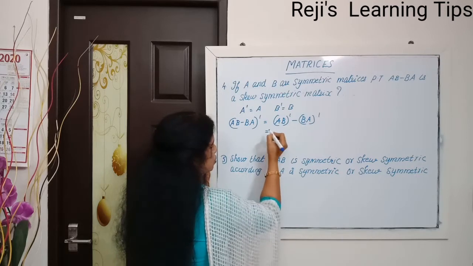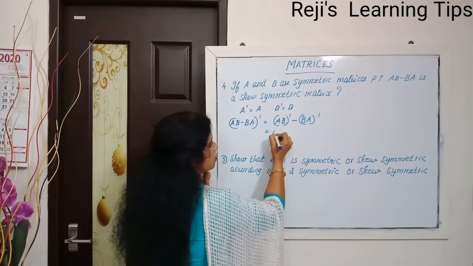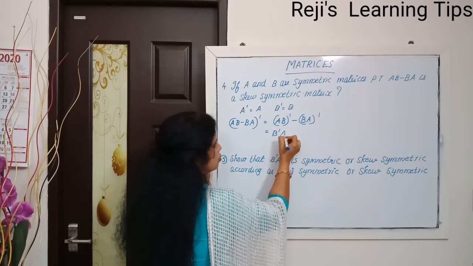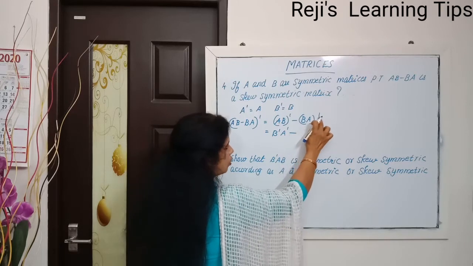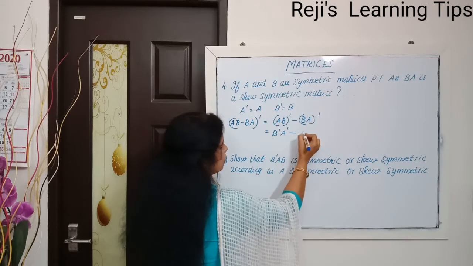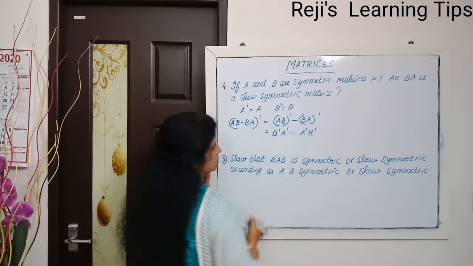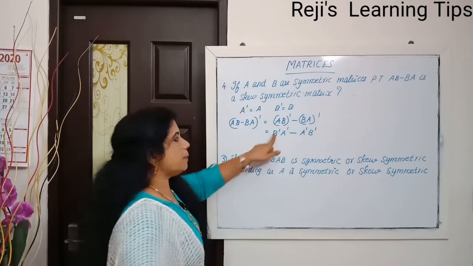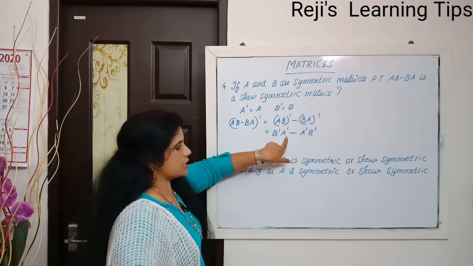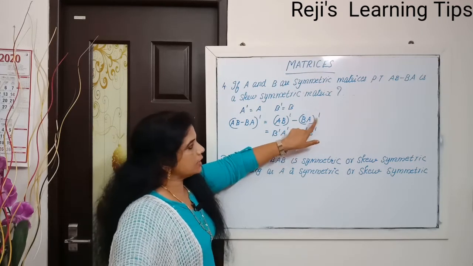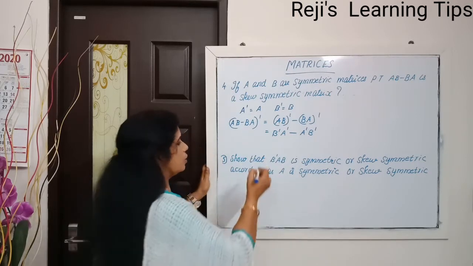Here (AB) the whole transpose is equal to B transpose into A transpose, minus (BA) the whole transpose, which is equal to A transpose into B transpose.